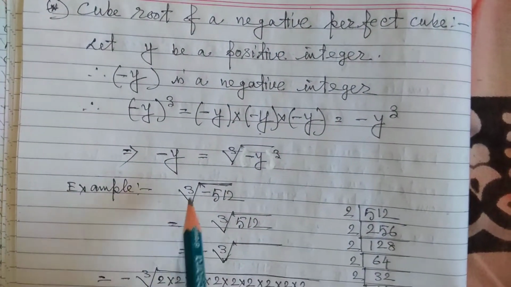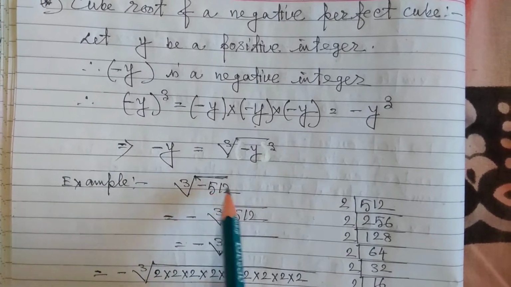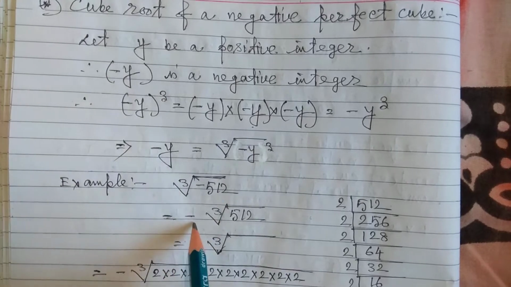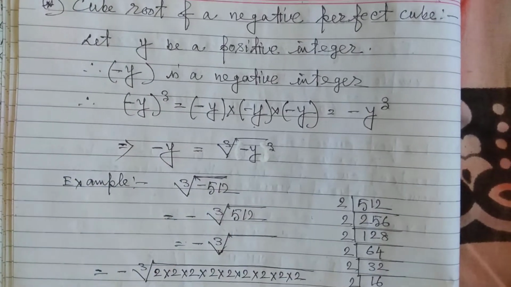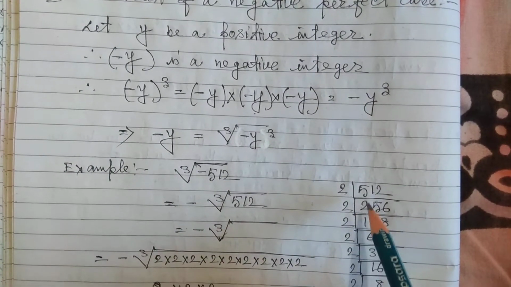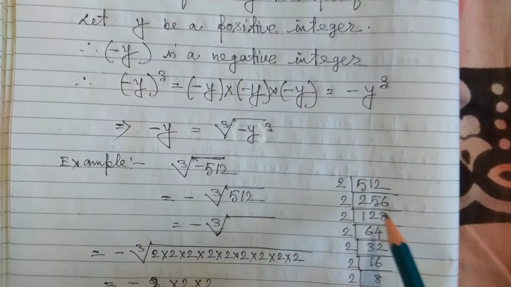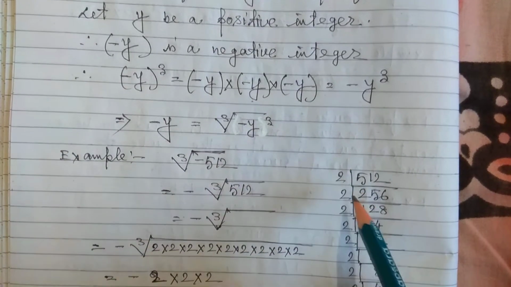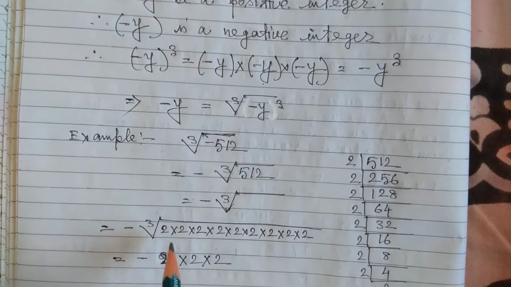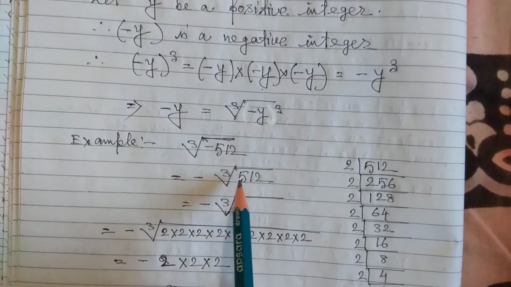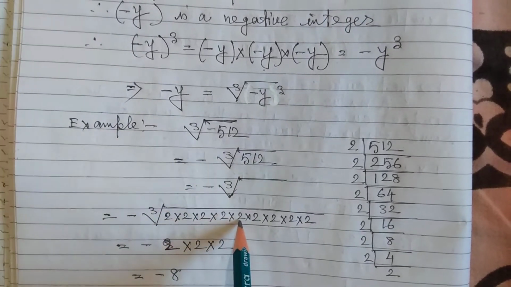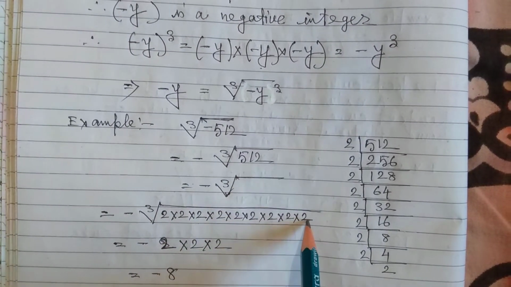For example, cube root of minus 512. Minus 512 is a negative integer, so it is equal to minus cube root of 512. The prime factorization of 512 is 2 into 2 into 2 into 2 into 2 into 2 into 2 into 2 into 2.